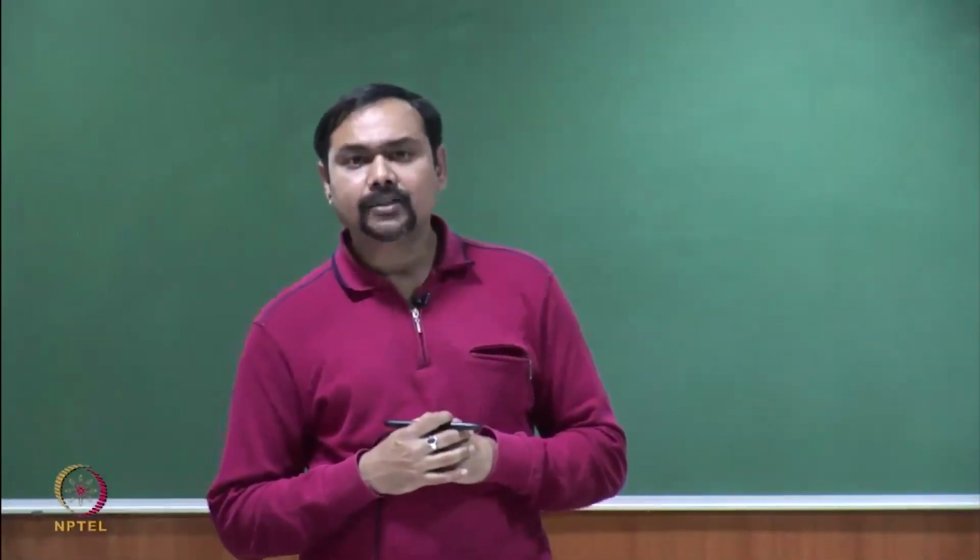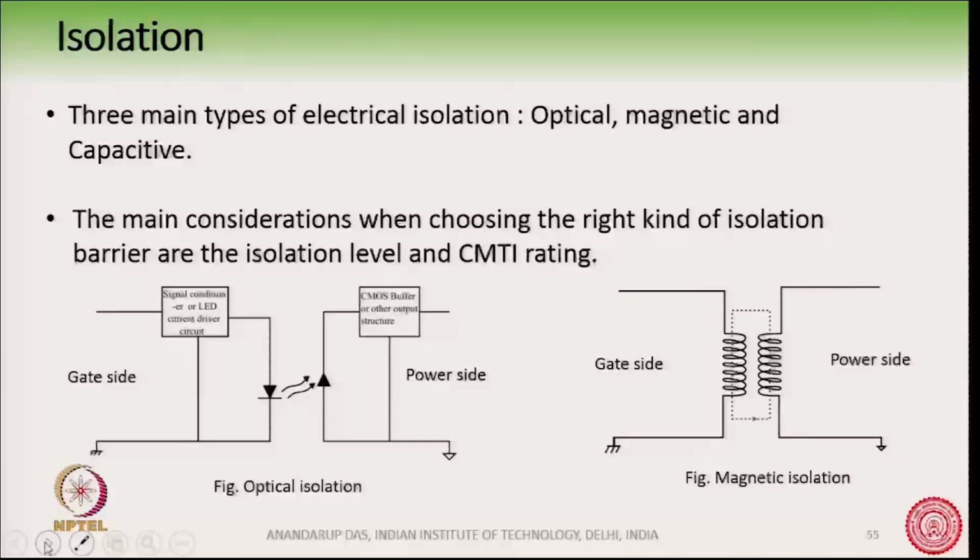Optical isolation, magnetic isolation or capacitive isolation are possible. Okay. Gate driver ICs often give you a voltage rating of how much isolation is provided. So, based on your application you can choose an isolation voltage with a certain safety factor.